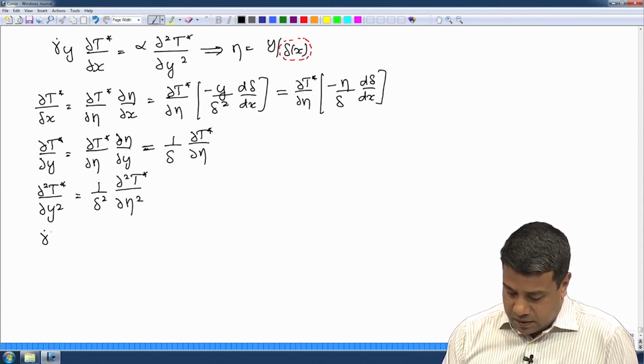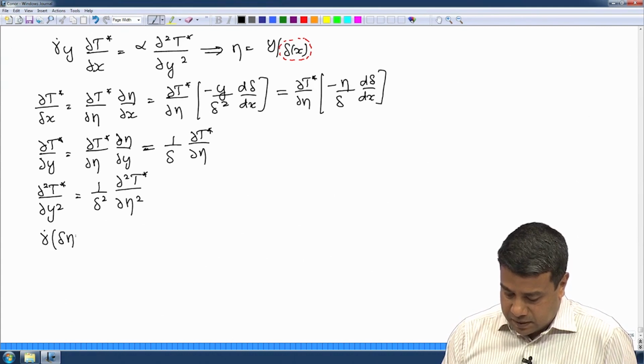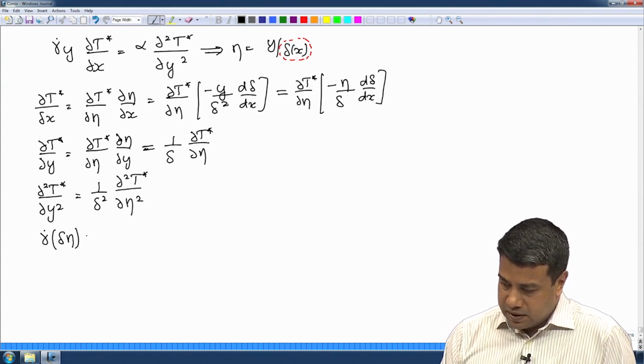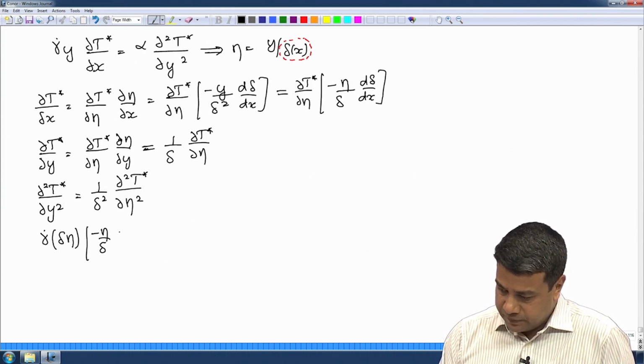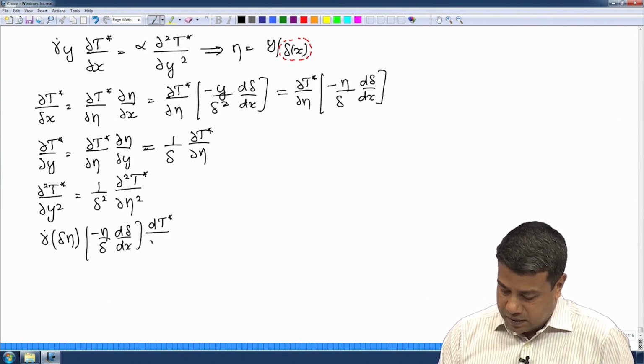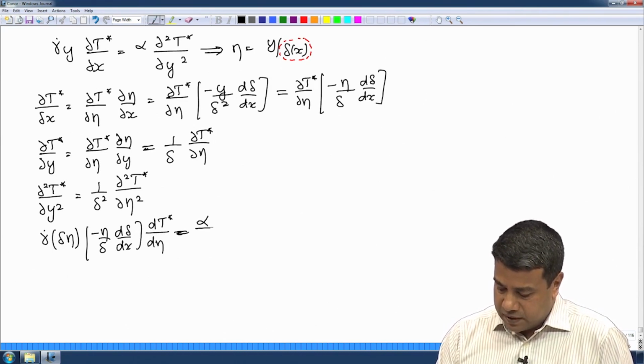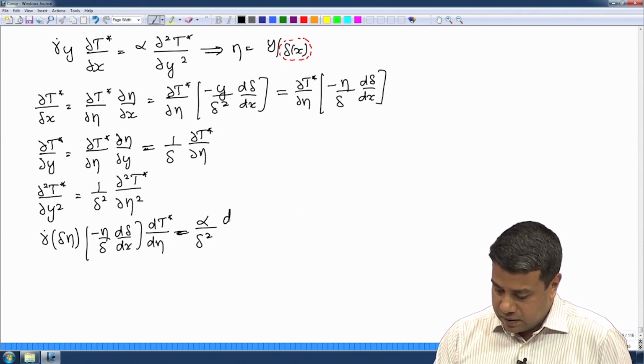Gamma dot into y is delta times eta. Partial T star by partial x is minus eta by delta d delta by dx, into dT star by d eta, is equal to, on the right side, alpha divided by delta square.